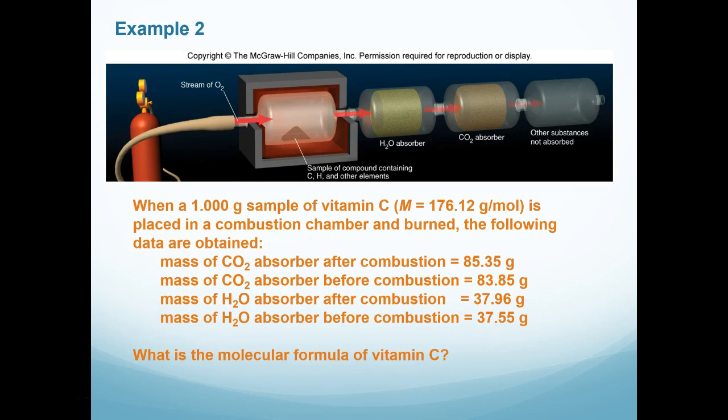From there, our problem turns into a problem just like the one on the previous slide. So if I know the mass of carbon, hydrogen, and oxygen, I need to go to moles, and then the process is exactly the same. So I want you to try to work through this problem and get as far as you can, and then we'll talk about it in class. So here's some space for you, and there's the final answer for the molecular formula.